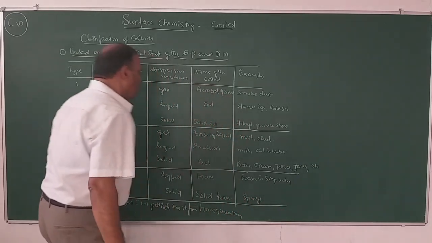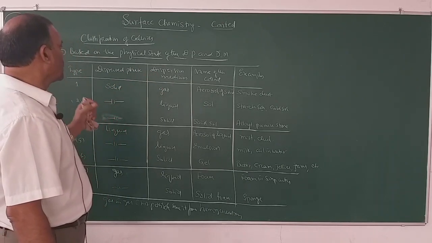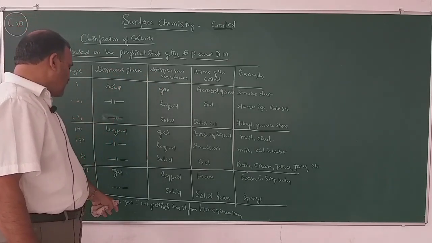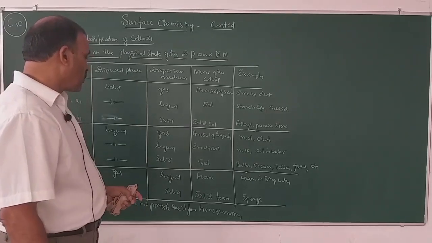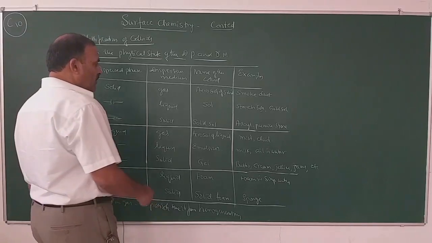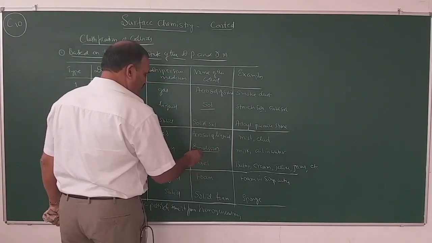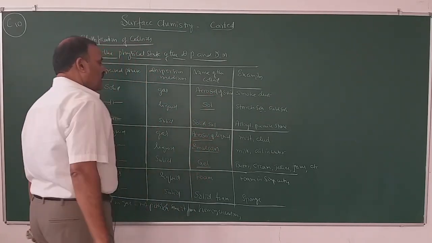So depending upon the physical state of the dispersed phase and dispersion medium, colloids are of these 8 types. The 9th type, that is gas in gas, is not possible since it forms homogeneous mixture. Out of these, you will be asked what is a sol, what is emulsion, what is gel, and what are aerosol.